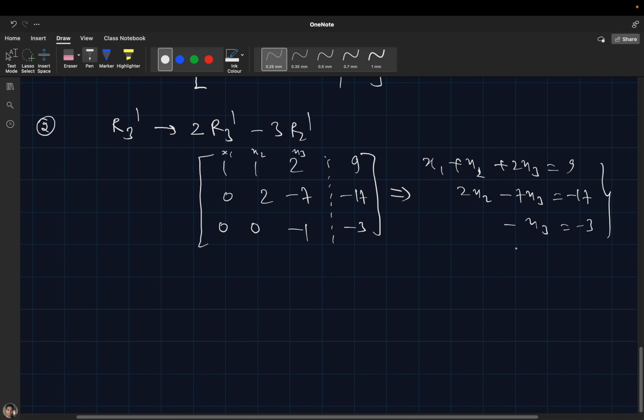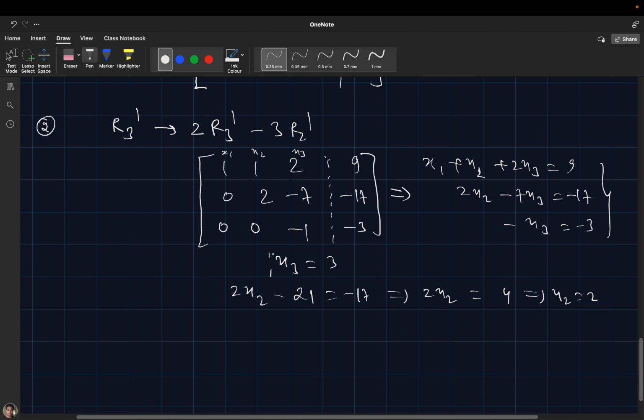In the last equation, you are getting x3 equal to 3. If you back substitute this x3 into the second equation, 2x2 minus 21 equal to minus 17, so 2x2 equal to 4, then x2 equal to 2.